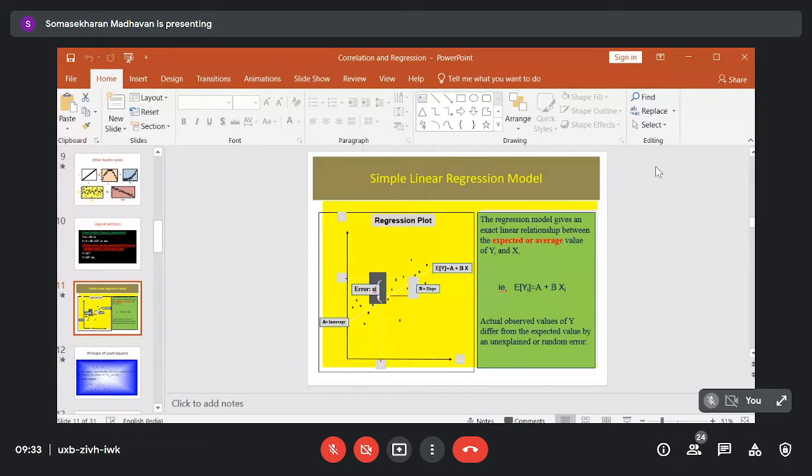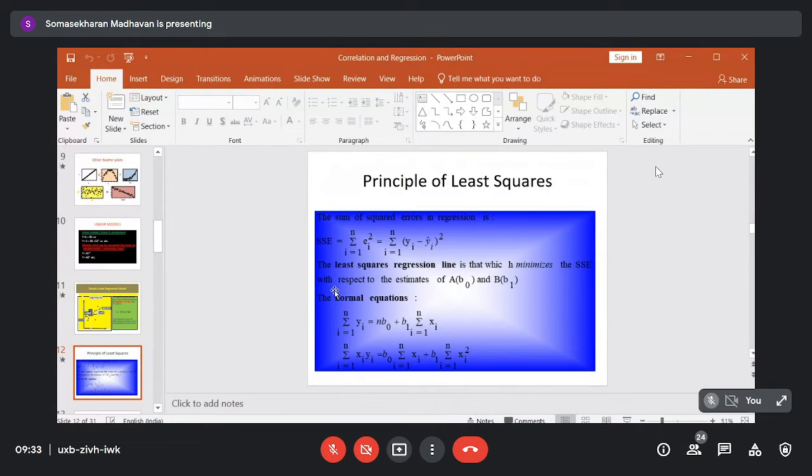So what we usually do is use a principle called the principle of least squares. The least squares principle says that the best estimates of the parameters of a model are the values of the parameters which minimize the sum of squared residual errors. We take the sum of squared residual errors, not the sum of errors, because the sum of errors will always be 0.